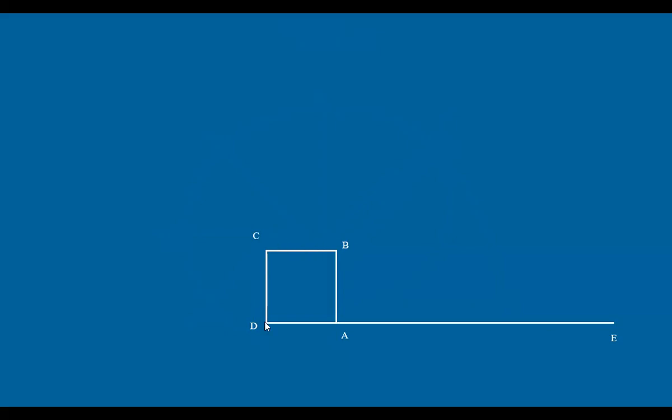This is AE, which I have marked. Now I draw perpendicular lines at all the points, at B, C, D. Now, slowly, I move this point E upwards like this. This is 4 times the side.